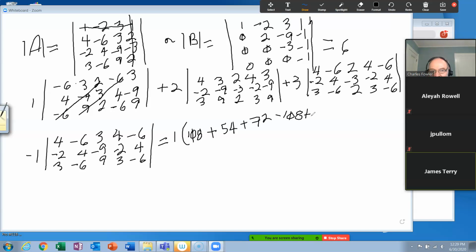Okay, 162, is that what you said? I didn't check it with you, but let's see. 54 times 3. The 2's right. Yeah, I think you're right. And then the final up diagonal here is a minus 24.